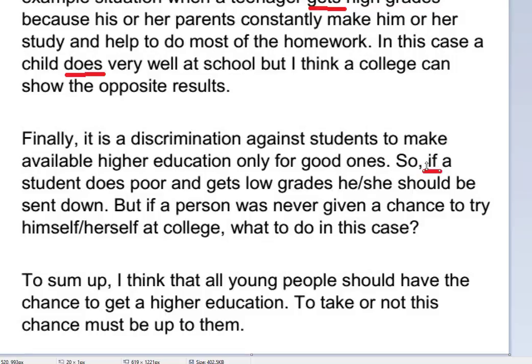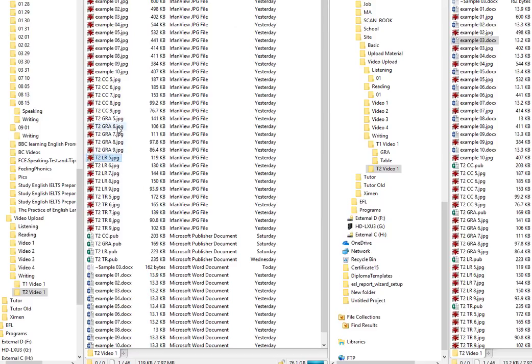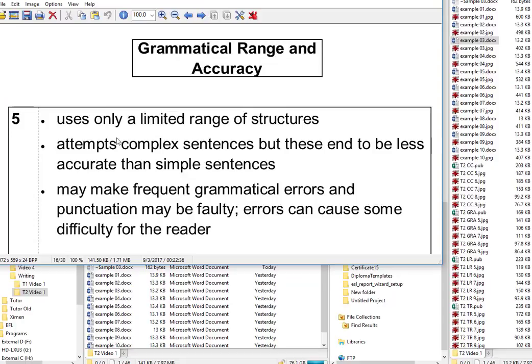Okay, so we have a conditional sentence, another conditional. So for grammar, 5 uses only a limited range of structures. Attempts complex sentences, but these tend to be less accurate than simple sentences.